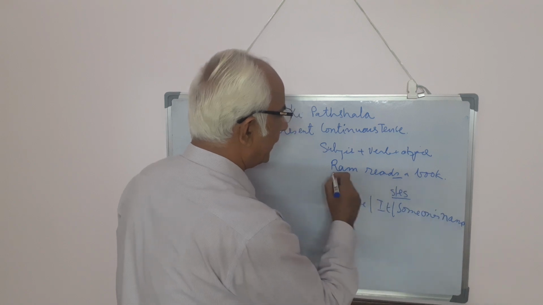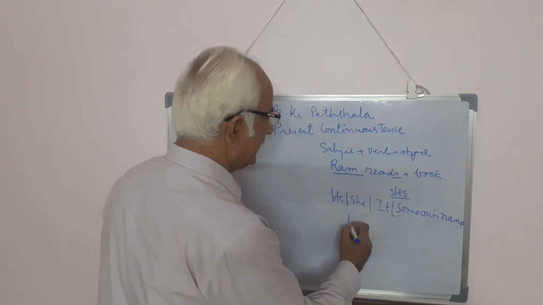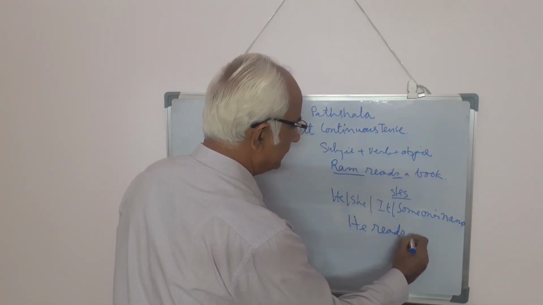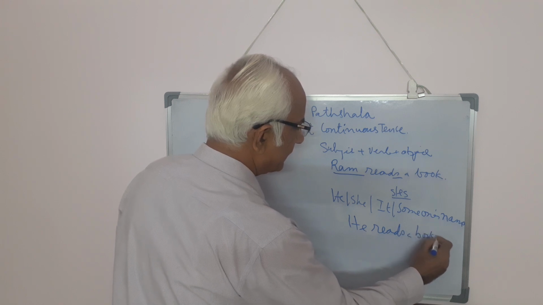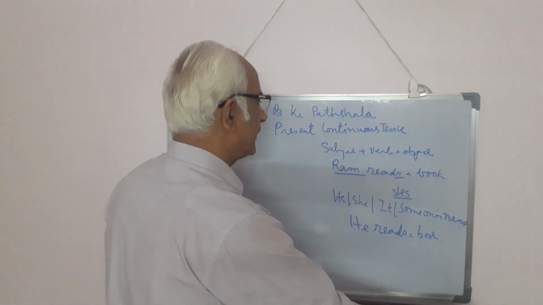For example, here Ram. We could also say he reads a book. So this is construction of sentence in a simple present tense.